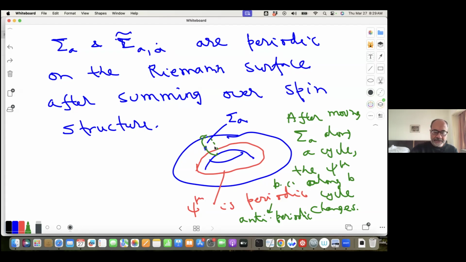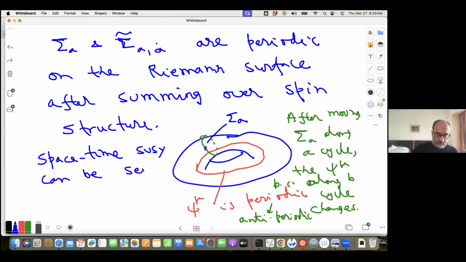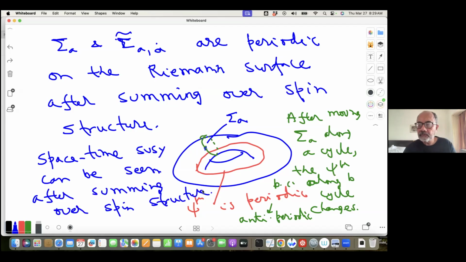So this is important to remember: space-time supersymmetry can be seen only after summing over spin structure. Okay, so I think today I'll stop here.